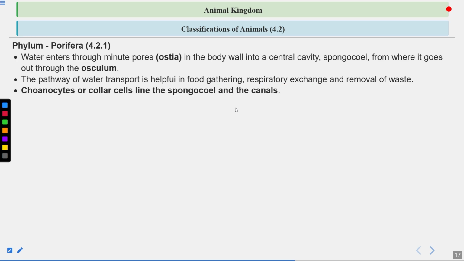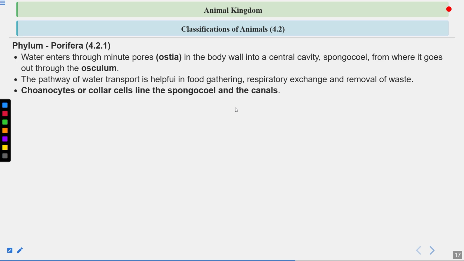Choanocytes or the collar cells line the spongocoel and the canals. All these choanocyte cells are very helpful in producing a water current because they have the flagella, na? So when this flagella moves in the collar cells, it produces the water current, and that helps water to continuously move out from the osculum and new water is allowed to come inside.